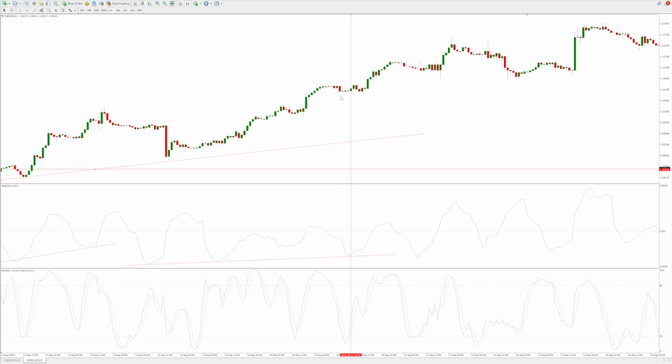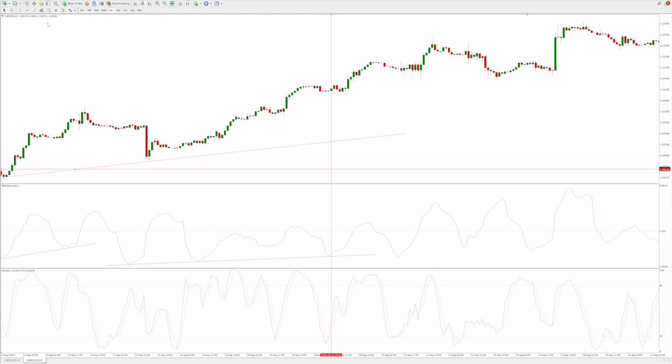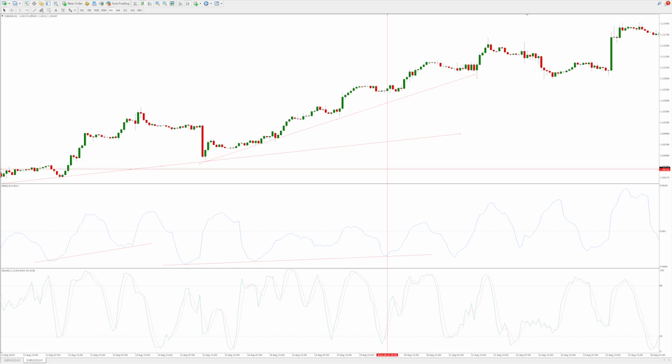Low volatility. You can mark your trend line here. Just because it looks like we're far away from the trend line here, but there is another one there. You can mark resistance, a breakout of the resistance line there. You can see good movement.